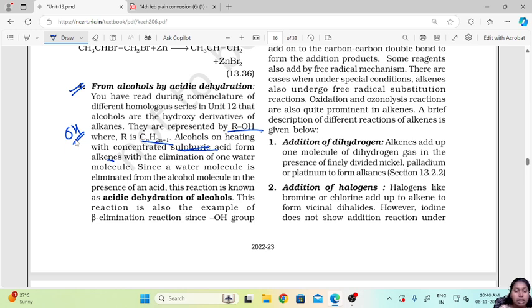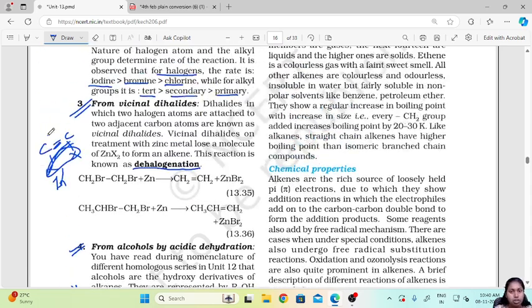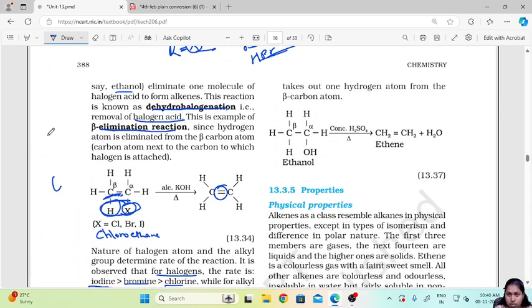In this reaction, one water molecule is eliminated from the alcohol molecule in the presence of acid. The reaction is known as acidic dehydration of alcohols. Since a water molecule is removed and you are using acid, it is called acidic dehydration of alcohols. It is also a beta elimination, since the OH group leaves with the hydrogen present on the adjacent carbon.